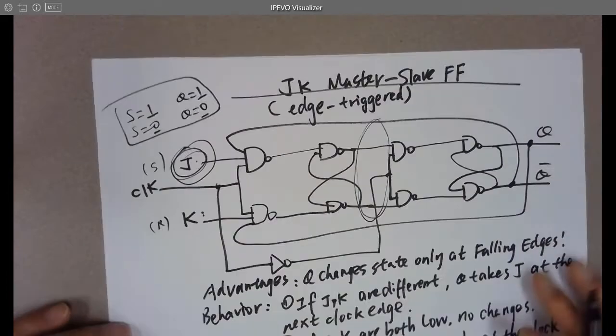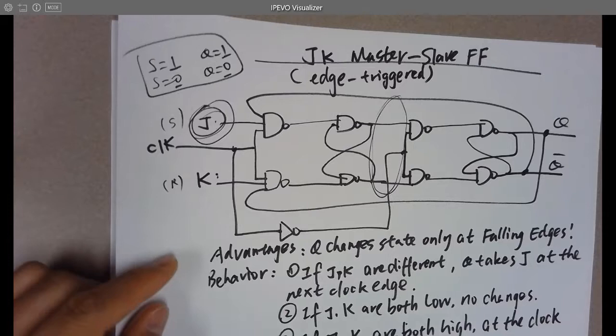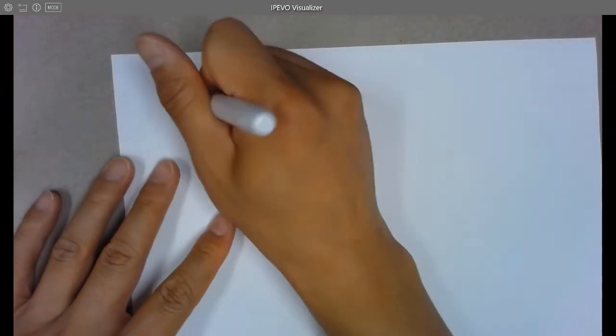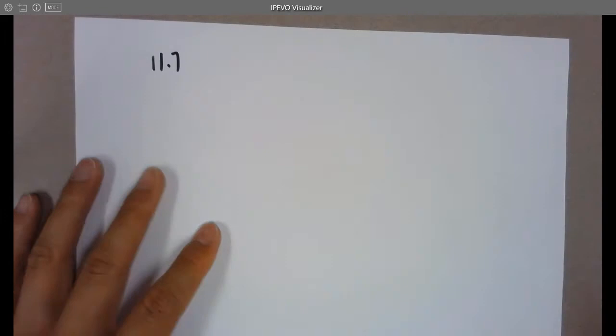All right, now we know these properties. So what we are going to do is look at some of the digital waveforms and find out the result from the waveform. Let's look at one example. It's actually 11.7 in the textbook.